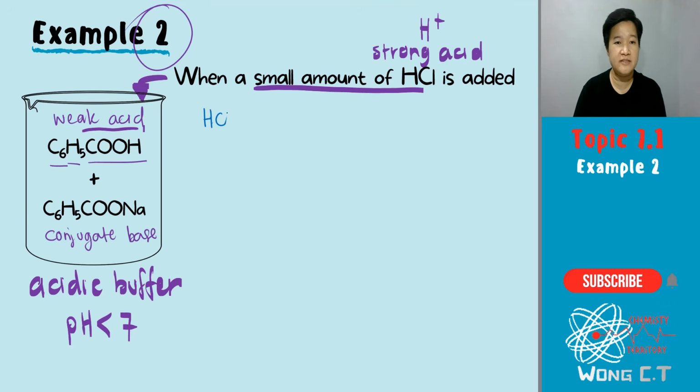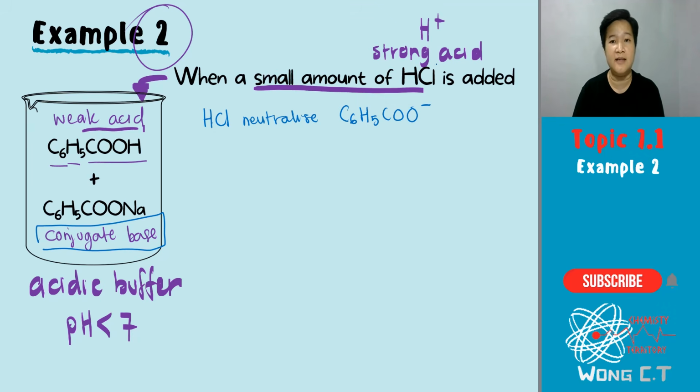So, your HCl over here will definitely be neutralized by who? It's an acid. So, it will definitely be neutralized by your conjugate base, which is your C6H5COO minus. Okay? That is my conjugate base. Because hydrochloric acid is an acid.